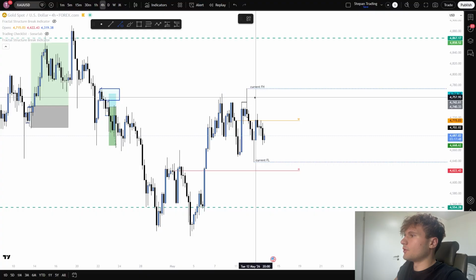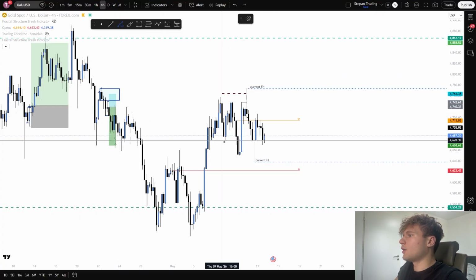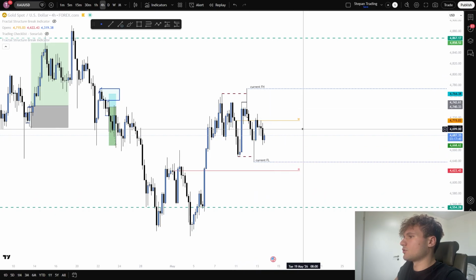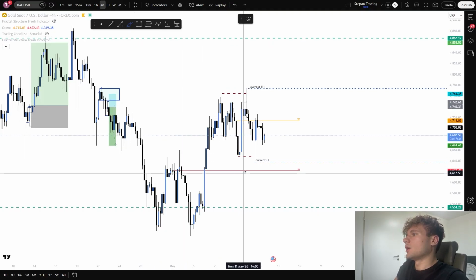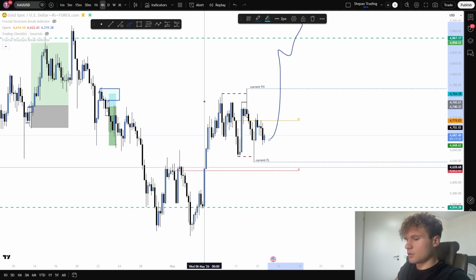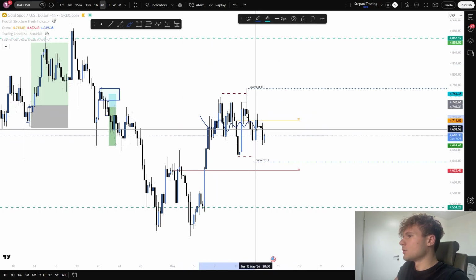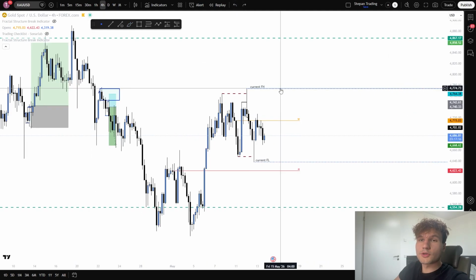And right now for gold, there is no clear direction. So we had a wick up and a wick down, and nothing just changes, nothing just closes, and there is no direction where the market goes. I still prefer some upside, but right now we are ranging, and we would still need to see some development before taking any trades.